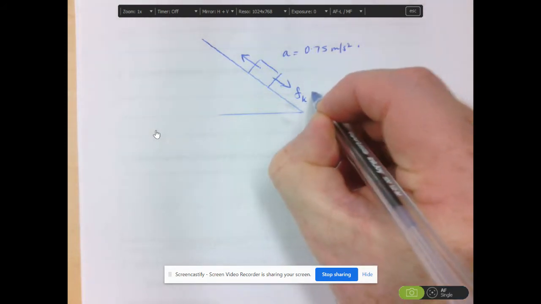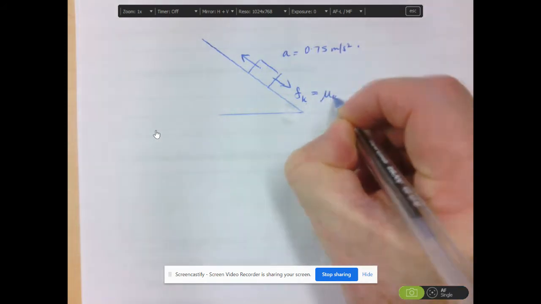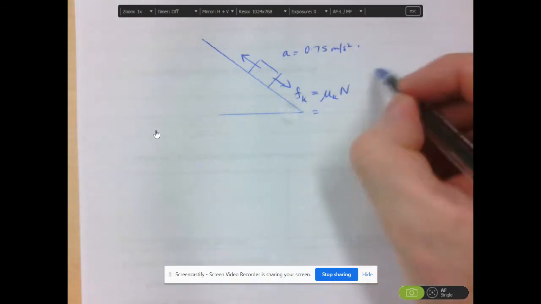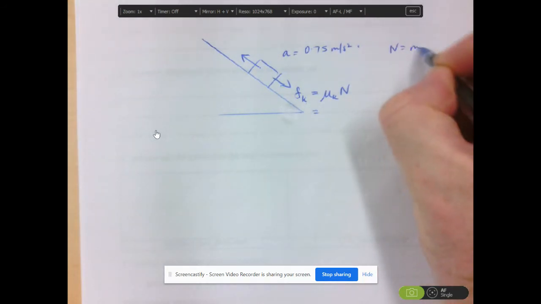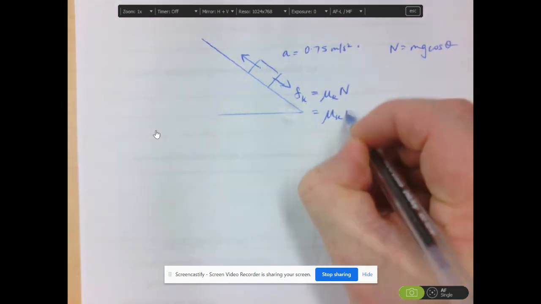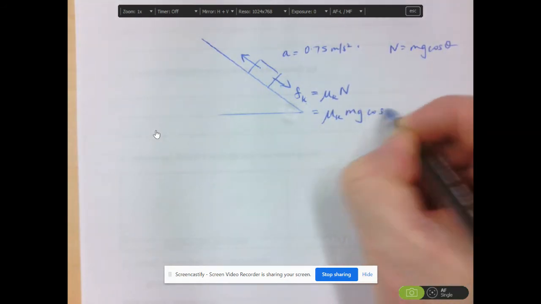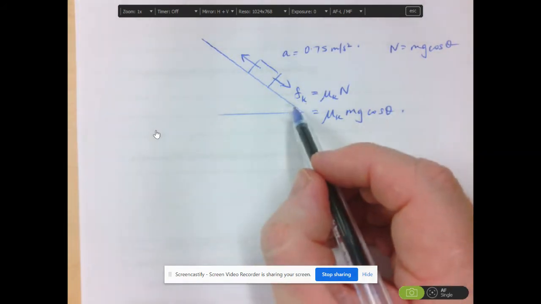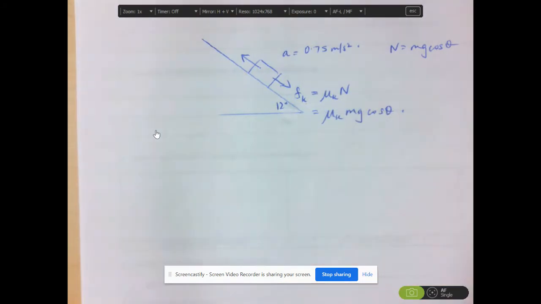And this would be equal to mu k times the normal force. And we know the normal force is given as mg cos theta. So that's mu k mg cos theta. Now, in this case, the theta is 12 degrees, so we put that in there as well.